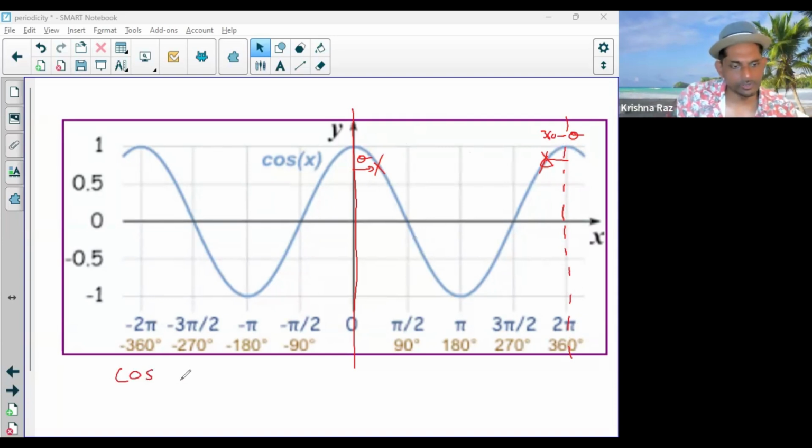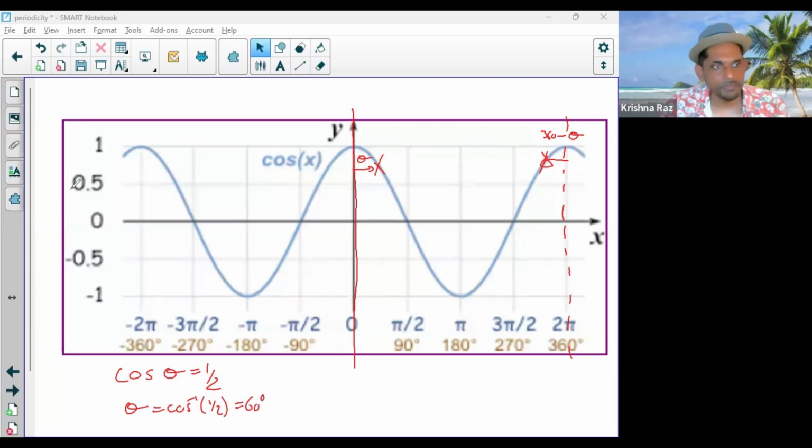So if we had cos theta equals a half, if we type that into the calculator, we would get 60 degrees. So what that means is, if this is 60, this must be 300 degrees.